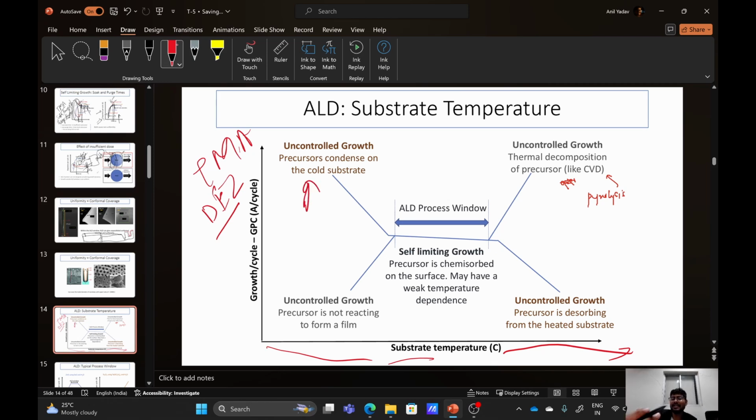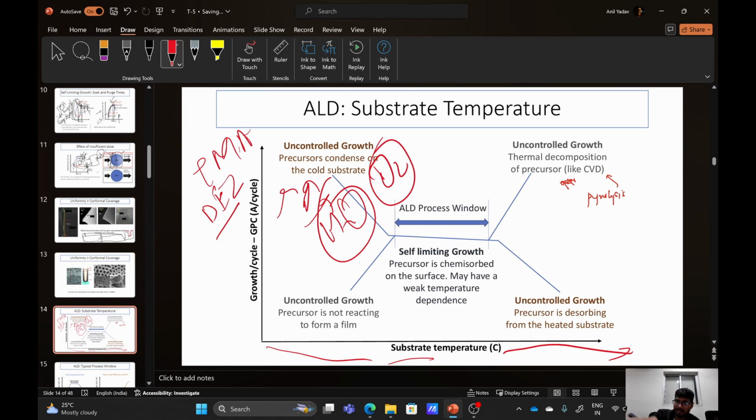The condensed precursor is like a mist over the leaves. It is forming a liquid over the substrate, and during the H2O or O2 line we give for the oxidation, the thickness will be much higher.